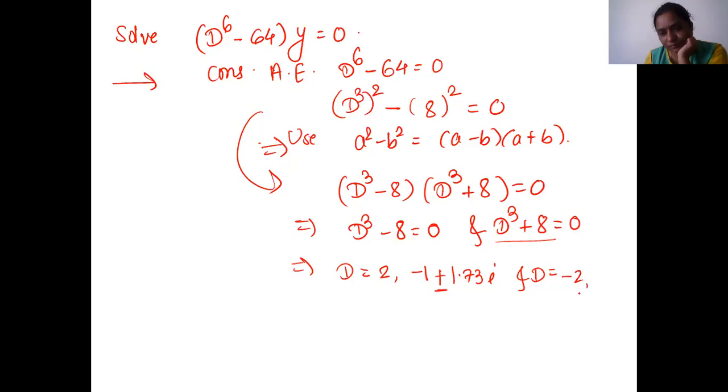Correct. 1 plus 1.73i, and plus is there, so minus will be there: 1 minus 1.73i. Done? These are the roots. Check. Is it correct? Yes. Good.